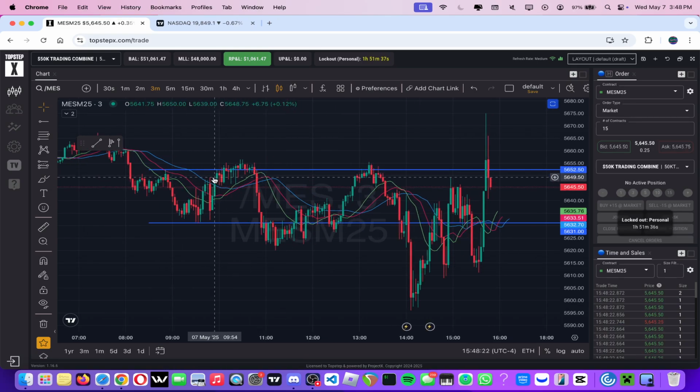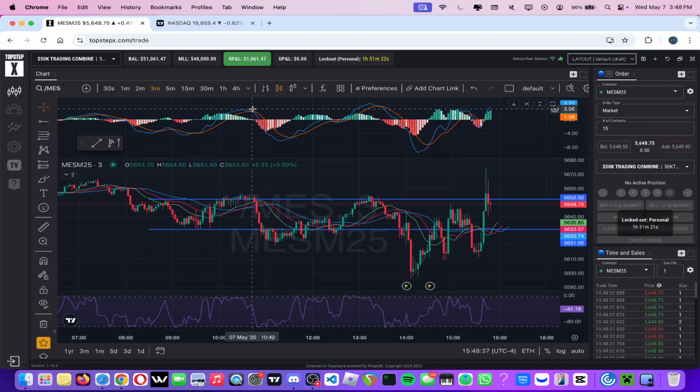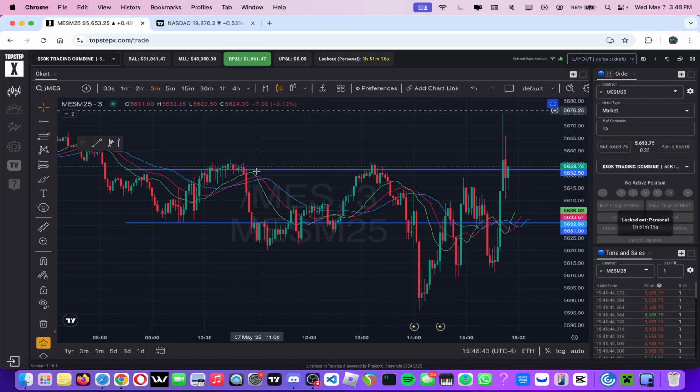If you get on the 5 minute, this is where you want to find your entries. As you can see right here, after 10, we came back up to the high of the 30-minute candle, and we just moved sideways. Boom, boom, boom. So you could assume we were going to go down. And if you use MACD, you can see the histogram is shrinking, which means buyers don't really have as much control anymore.